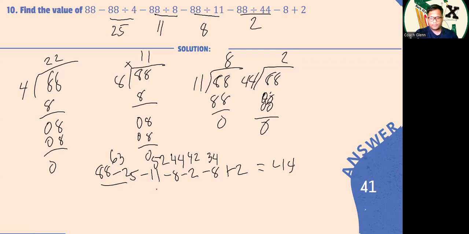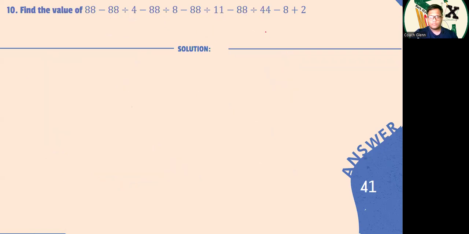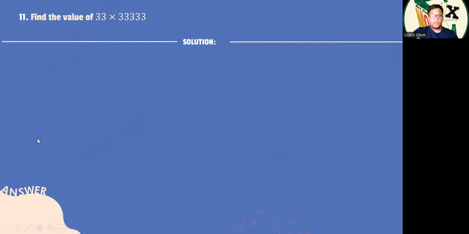Let's have the next problem. For this one, find the value of 33 times 33333.